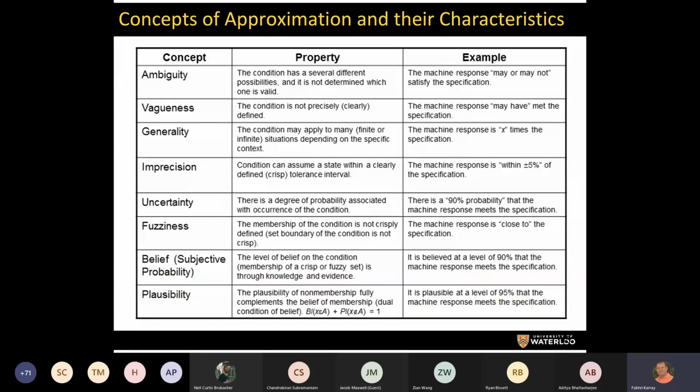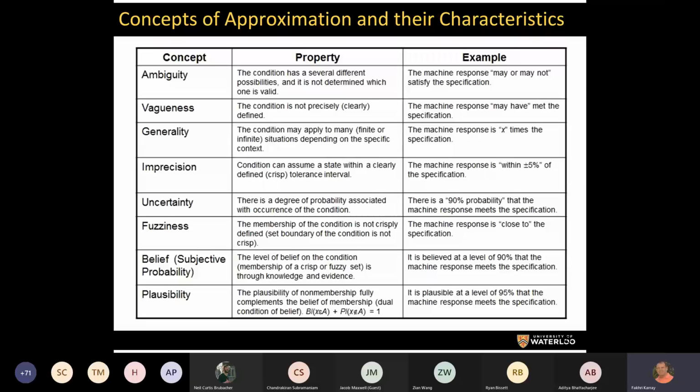And approximation softness mostly is going to be dealing with fuzzy logic systems and subjective probability later on, and we are going to integrate as well the machine learning components for the system later on as part of an approximation system. So we see on the left-hand side the concepts.